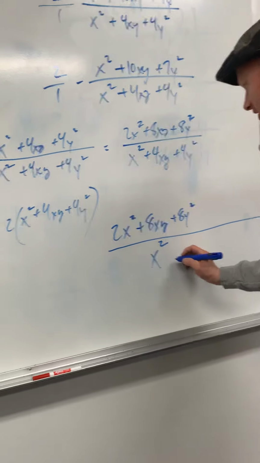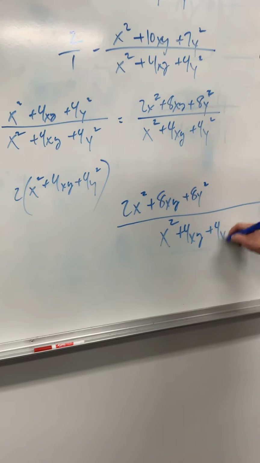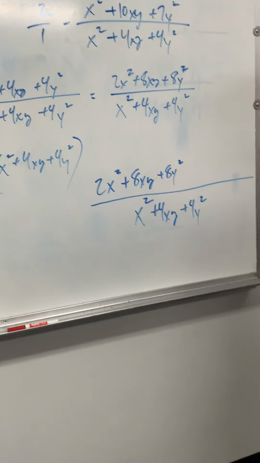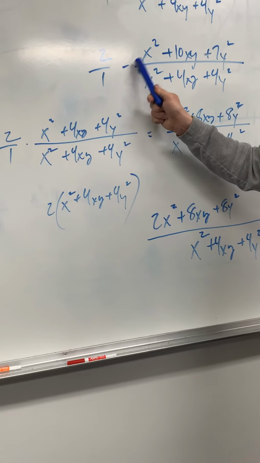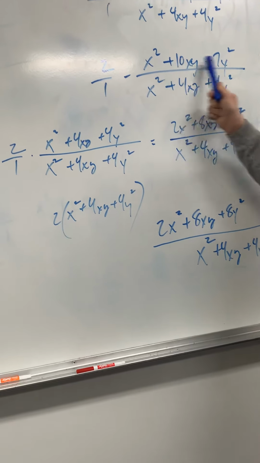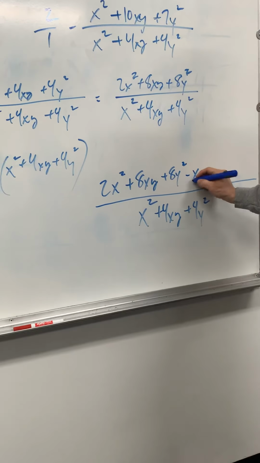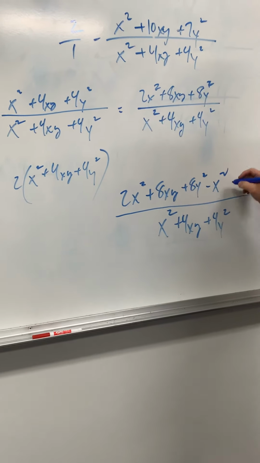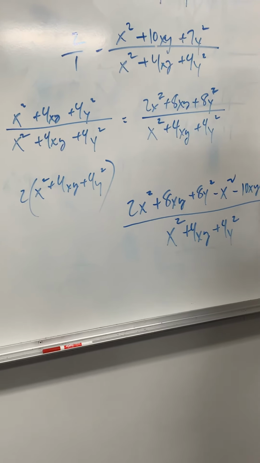So that's x squared plus 4xy plus 4y squared. Now, be careful. Remember, this subtraction sign causes everything in this other numerator right here to change. So it's going to be negative x squared, negative 10xy, and negative 7y squared.